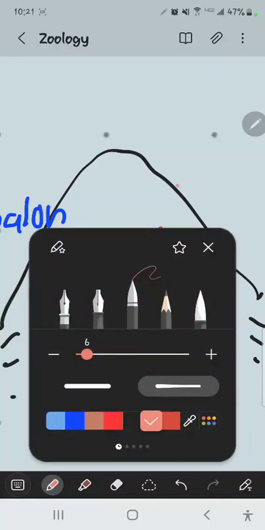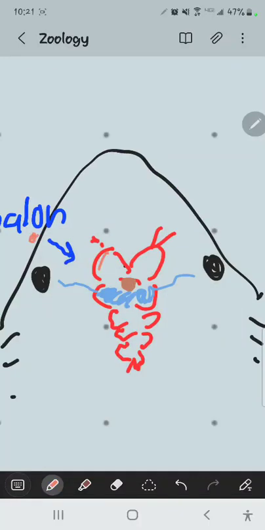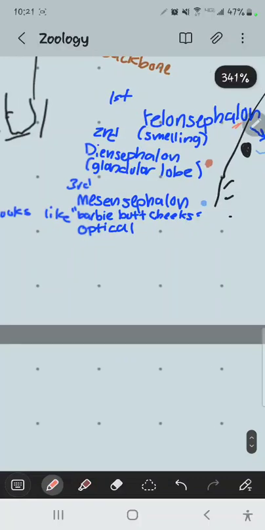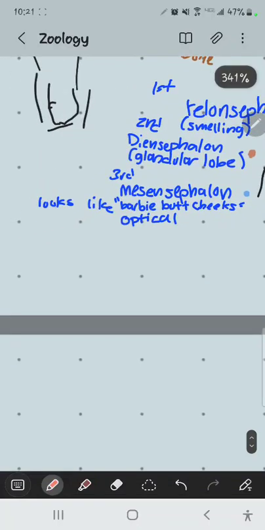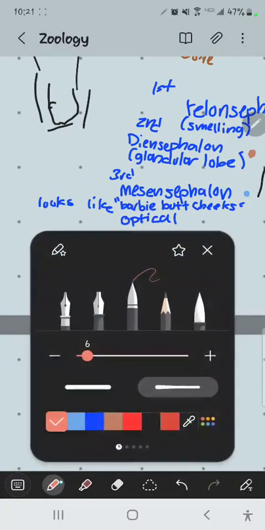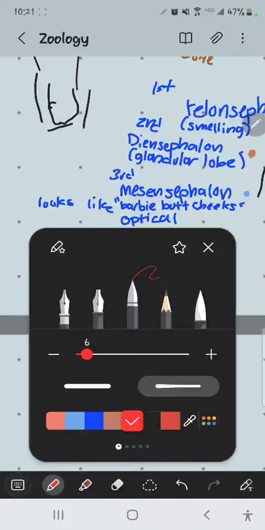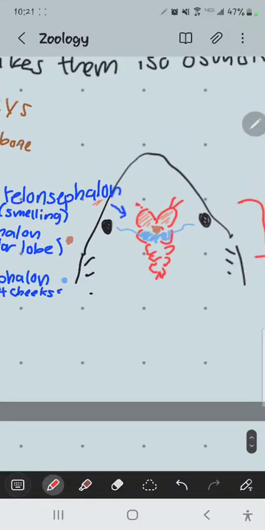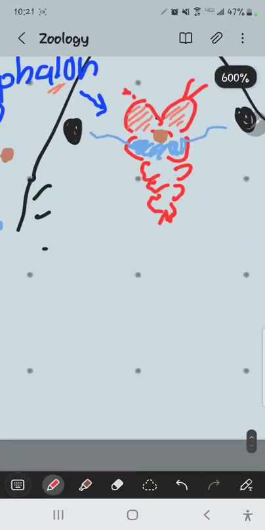This lobe here is the one that's under that dome on top of the head. And what you'll see is it looks like a hot cross bun, if you know what that is. Like a bun or a biscuit that has a cross on top, kind of a European thing. It looks like that because it has four little lobes on it. This is called the metencephalon. And this is for voluntary motor control.